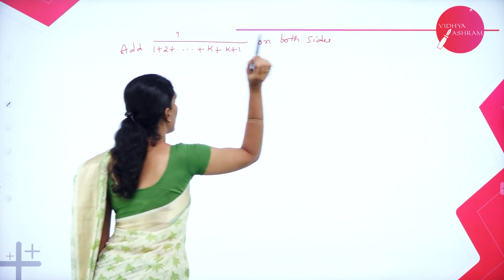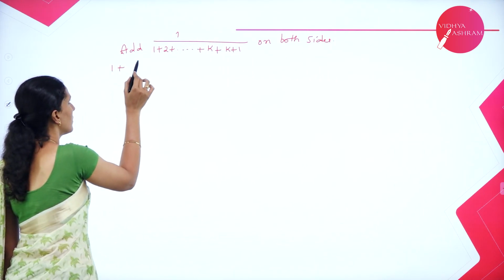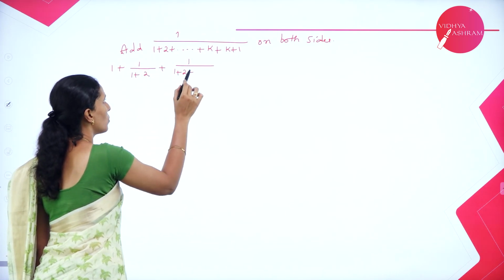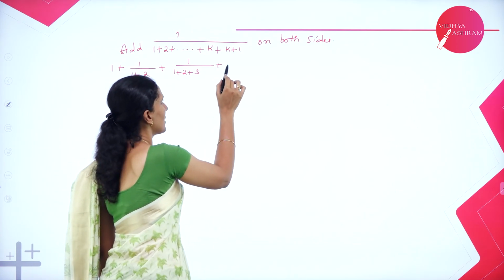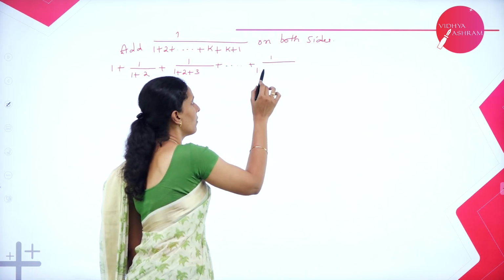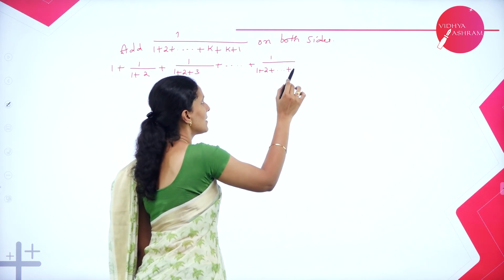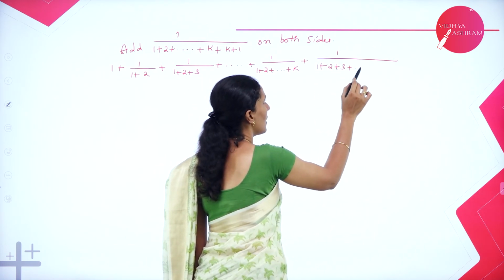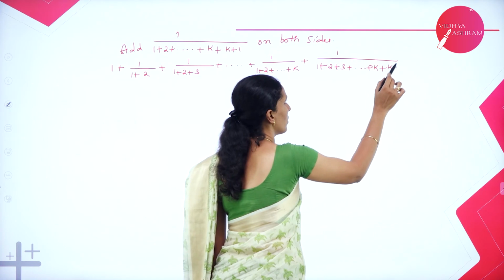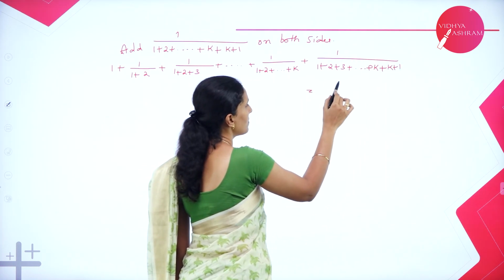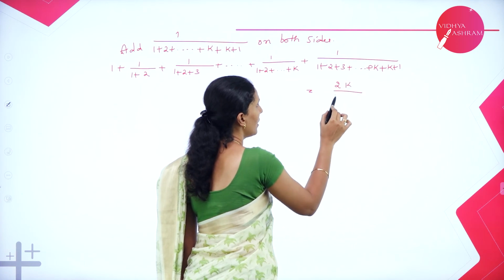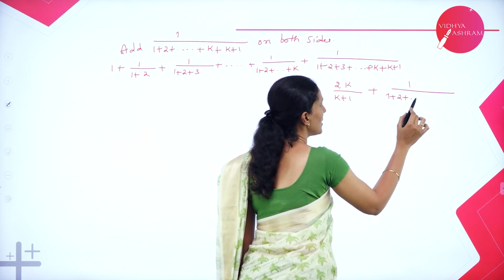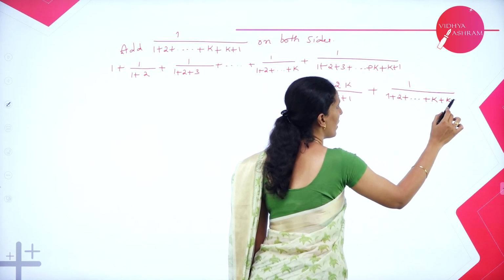If you add both sides, then the left side becomes 1/(1+2) + etc. + 1/(1+2+...+k) + 1/(1+2+3+...+(k+1)). For the right hand side it becomes 2k divided by (k+1) plus 1 divided by (1+2+...+(k+1)).